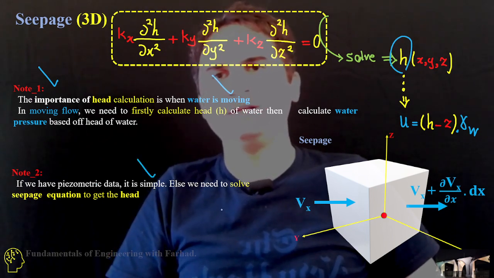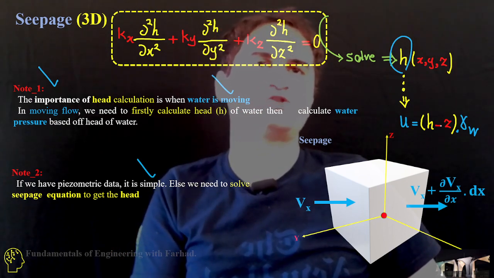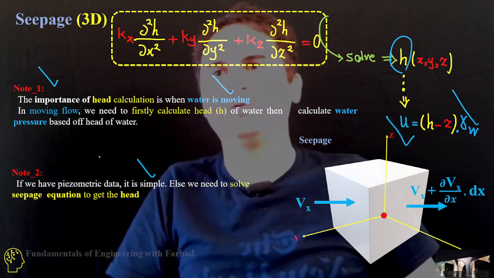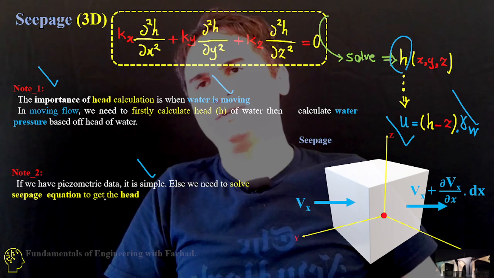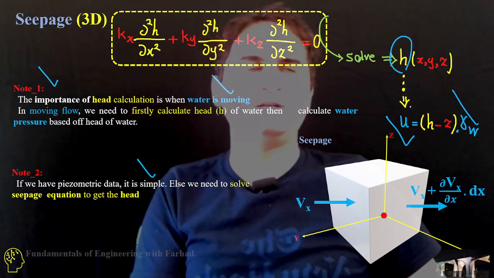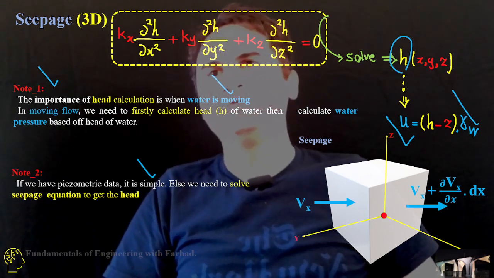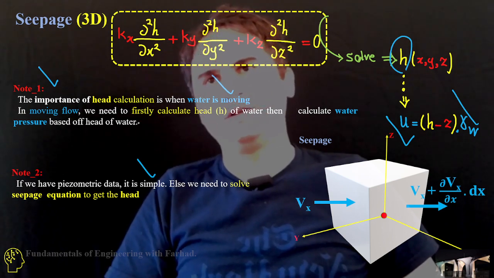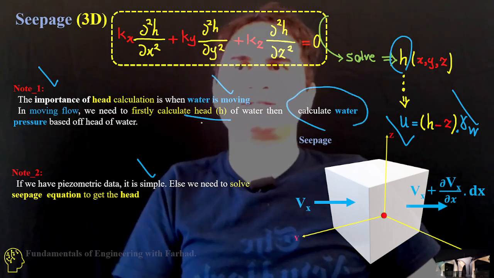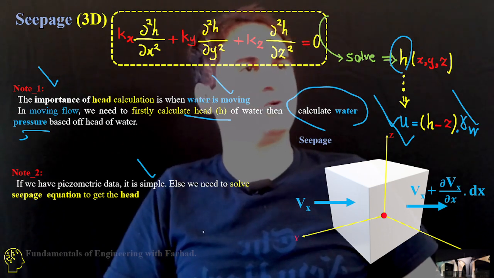By reading the piezometric data, we get the head of water, then calculate u as h minus z times gamma of water, so we can easily calculate the water pressure. But if you don't have piezometric data about the head of water, there is no way to solve it except by solving the seepage equation with the help of the Laplace continuity equation. So in moving water, which is most of the cases, we first need to calculate the head of water, then based on the head of water, we can calculate water pressure in the soil structure.